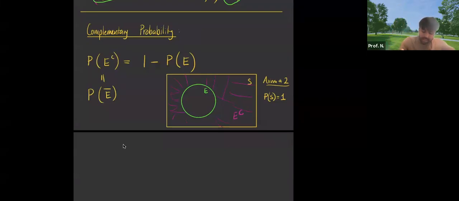So then what is S? S is E union E complement, right? If we take E and everything that's not in E and union them, then we get S.